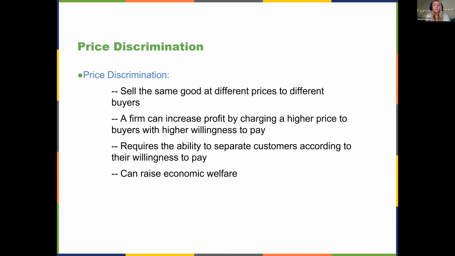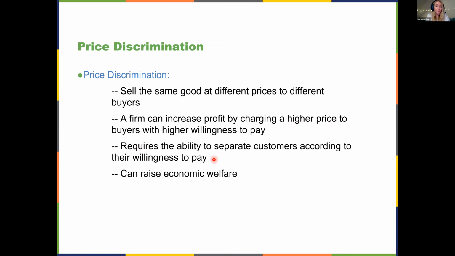So we'll introduce some ideas and examples of price discrimination here in a little while, but just keep in mind that price discrimination basically means that a firm can increase their profit by charging a higher price to buyers with a higher willingness to pay.